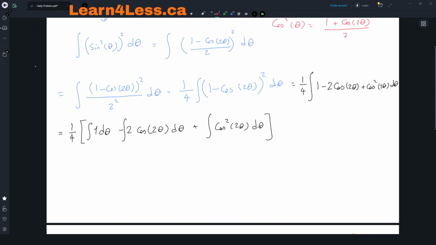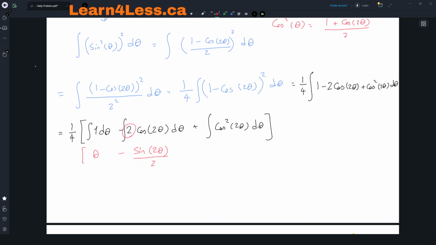Now, the first integral, 1 d theta, the integral of 1 would be basically the same variable that we have, which is theta. Minus the integral of this: the 2 is a constant, we can take it out. The integral of cos of 2 theta, if you want, you can use a u substitution, or if you already know it, it would be sine of 2 theta over 2.